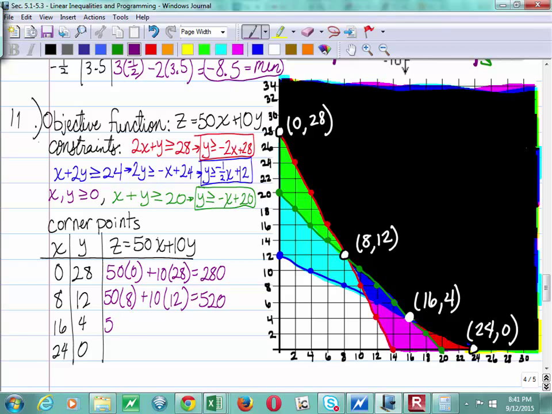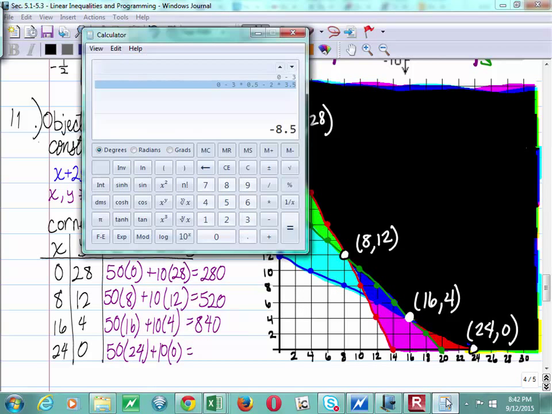And then 50 times 16 plus 10 times 4, so that would be 840. And then 50 times 24 plus 10 times 0. Okay, let me use my calculator for that one. That's 1200.